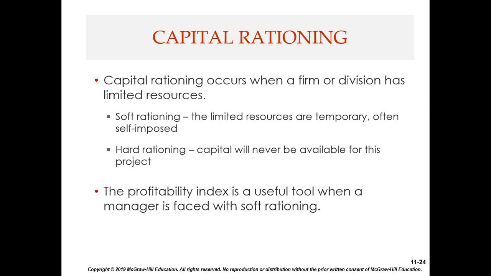Finally, capital rationing. Capital rationing occurs when a firm or division has limited resources, which is all of them. Soft rationing means the limited resources are temporary, often self-imposed, and they talk about them on page 372. So what's the big deal here?